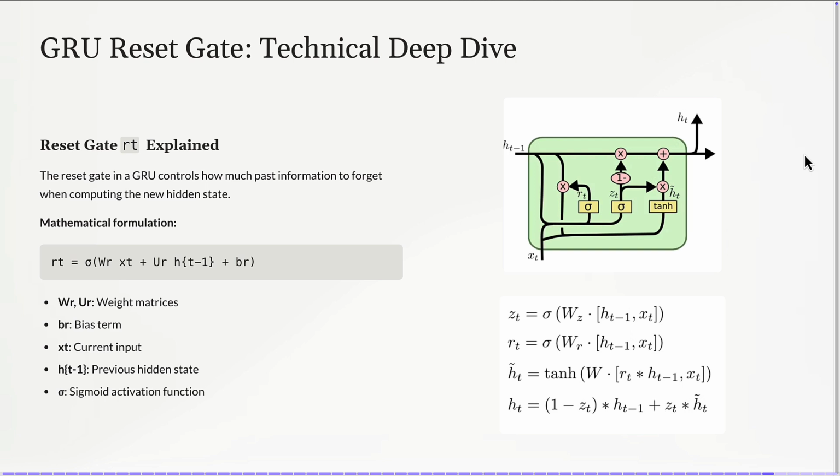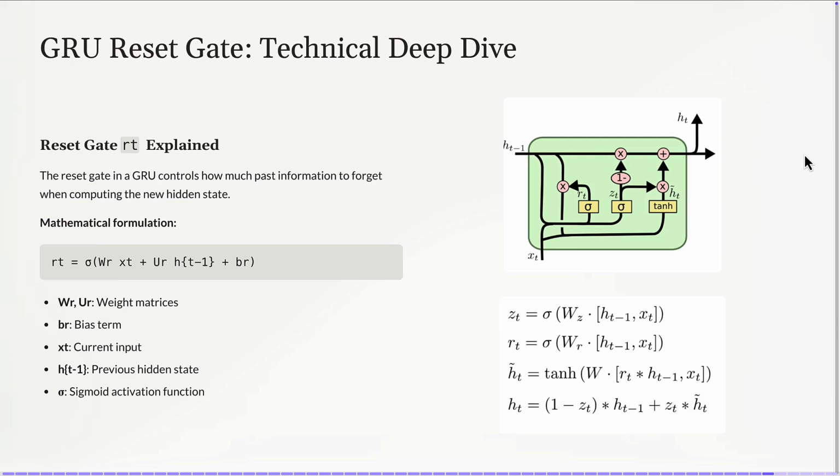The reset gate controls how much past information to forget when computing the hidden state. This is the same as the forget gate. Here we call it reset. It's the same computation, but there is no bias. We have removed the bias term here. Well, it can be added. Sometimes the bias can be removed in training, or it can be set back.